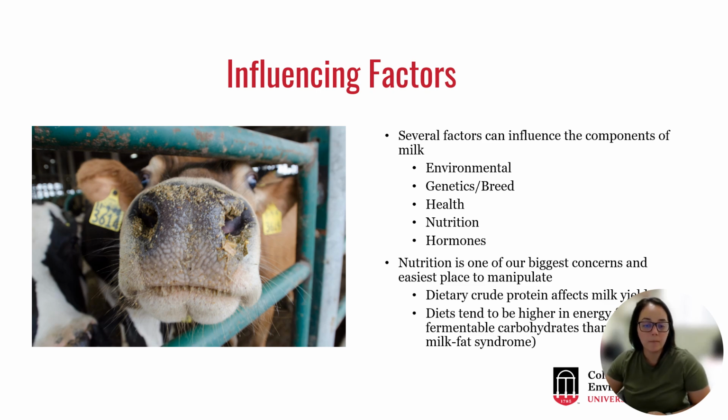So nutrition is one of our biggest concerns, and obviously the easiest place for us to manipulate. When we think about the diet that we're feeding, dietary crude protein severely affects milk yield. And so diets tend to be higher in energy. I think it was energy digestible fermented carbohydrates.